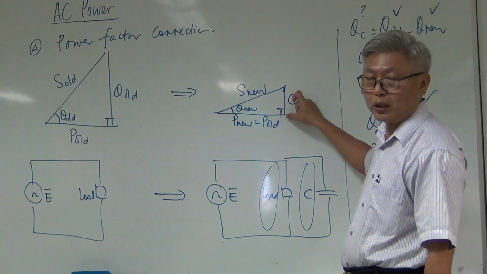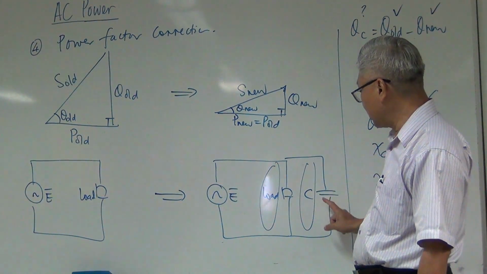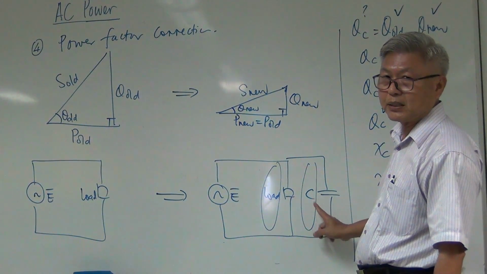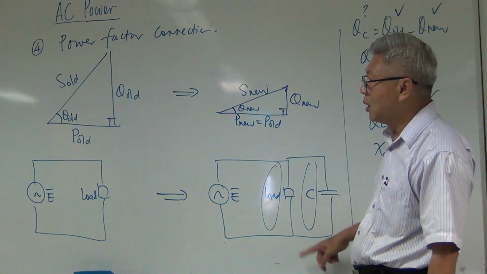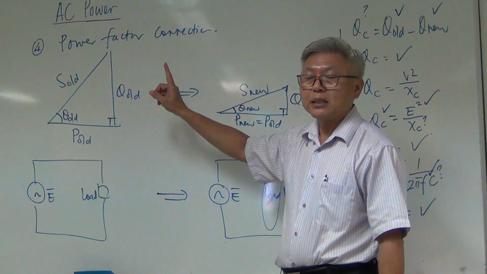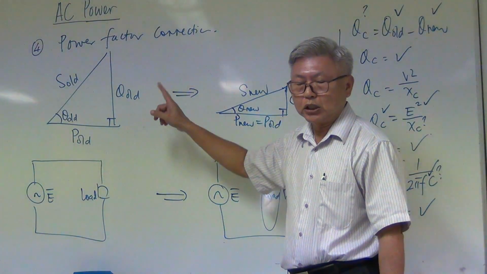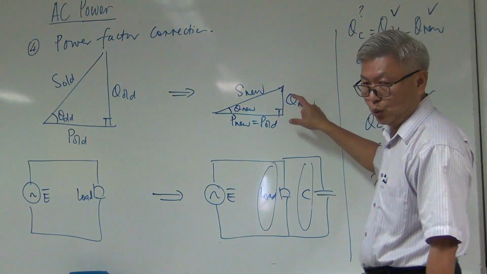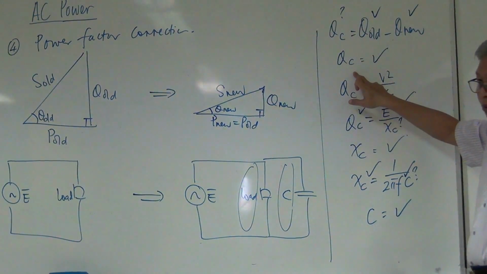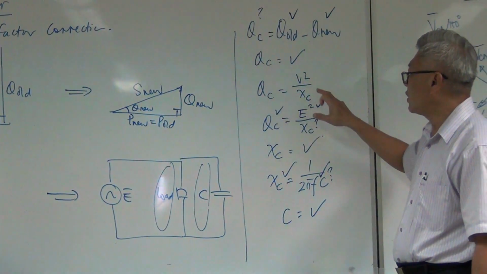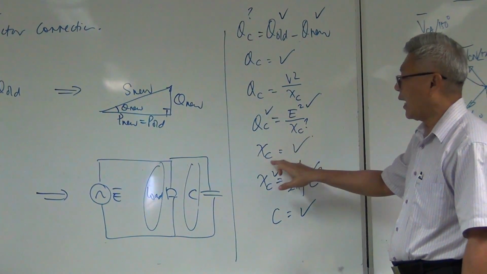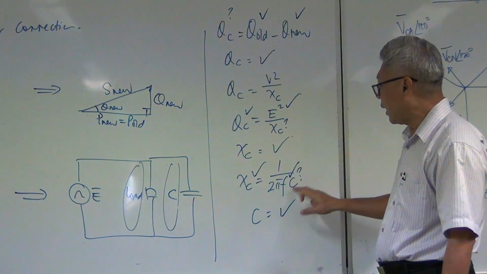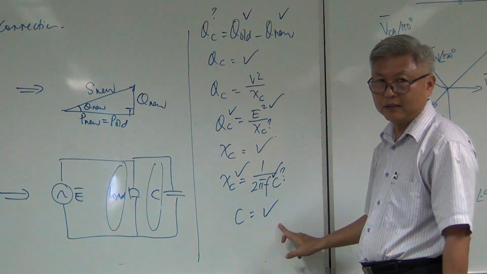How does it become shorter? Because I'm introducing a capacitor. A capacitor gives me a negative jQ. So QO minus QC will give me the Q new. With this, I get QC. And QC is equal to V squared over XC, I get XC. And XC equal to 1 over 2 pi f C, I get C.